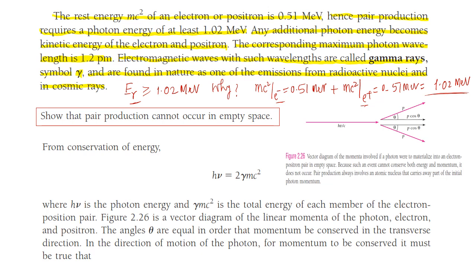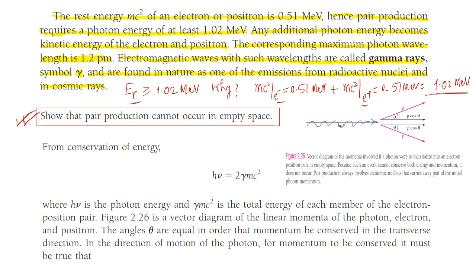Now let's move to the mathematical description, to show that pair production cannot occur in empty space. Here you can see in this pictorial representation that this is a photon of energy h nu, with momentum h nu by c.